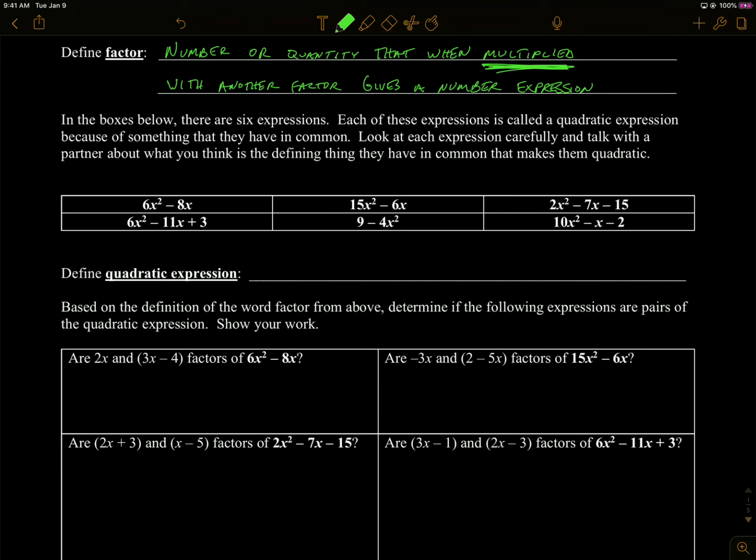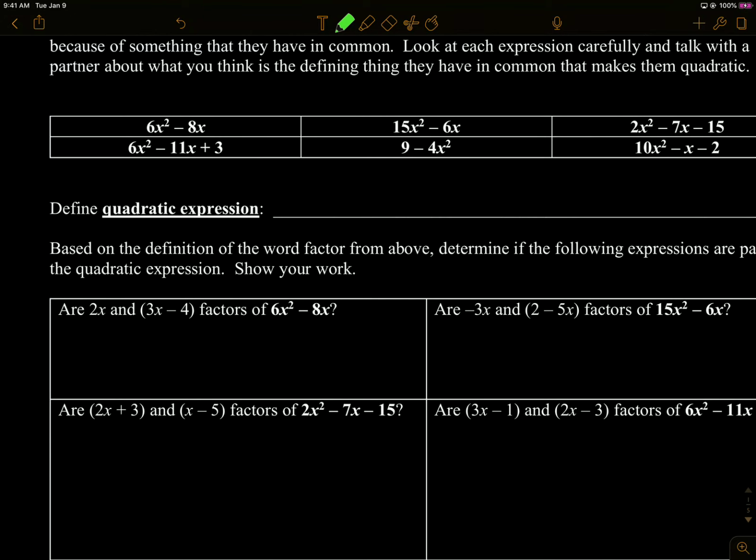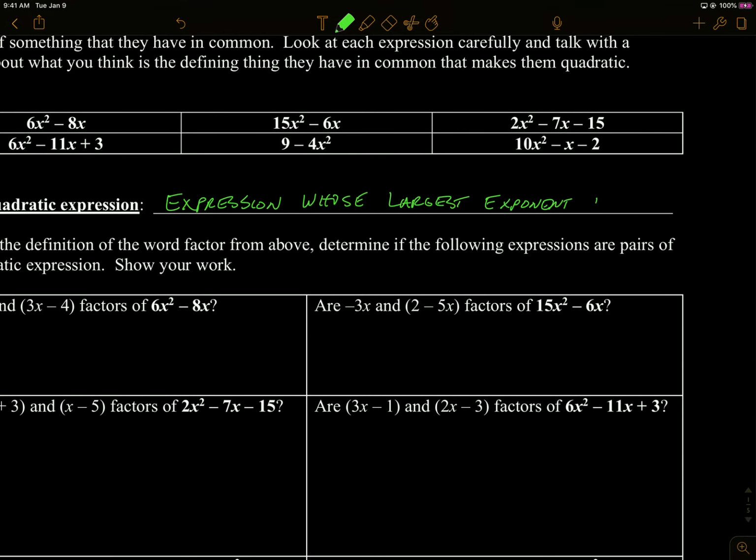So each of these is called a quadratic expression because of something they have in common. This was supposed to be more of an investigation. Look at each expression carefully and talk with a partner. So I'm just going to give that to you. A quadratic expression is any expression whose largest exponent is 2.